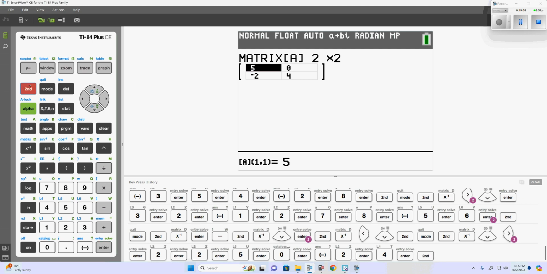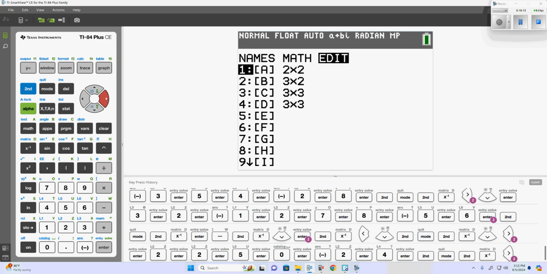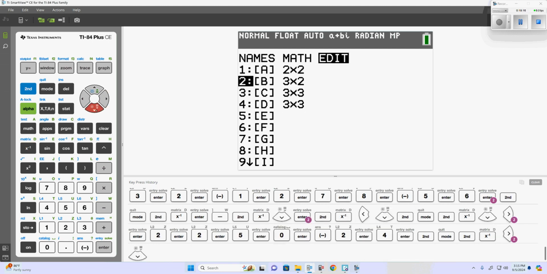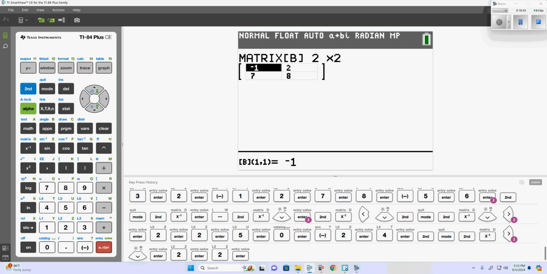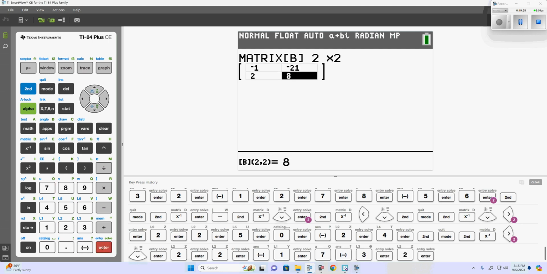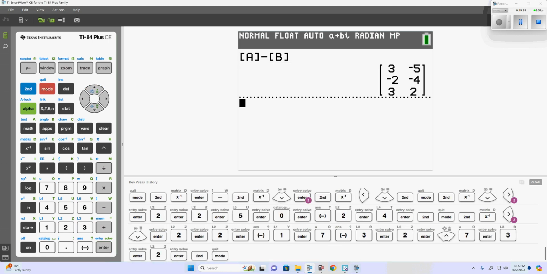Once you get that typed in, we'll go second quit, second matrix, over to edit, and then we'll go to B. B is also a 2 by 2. Negative 1, 7, 3, 2. Are we good with typing these in? If we had a third one we were working with, we could do A, B, C.